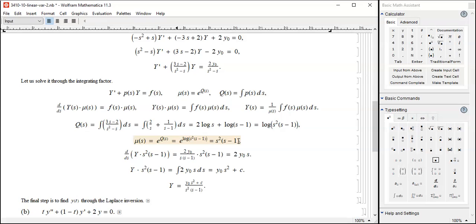Next, multiply the integrating factor to both the left-hand side and the right-hand side. It turns out the left-hand side is consolidated into the single derivative of y times the integrating factor, and that's what this is. And the right-hand side, F of s, which is already there, times the integrating factor. Some simplification yields this.